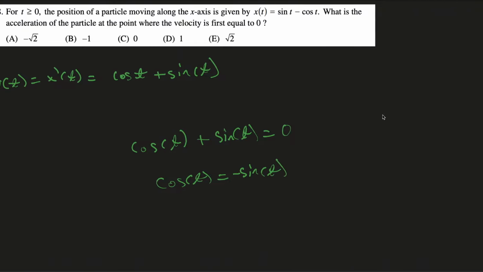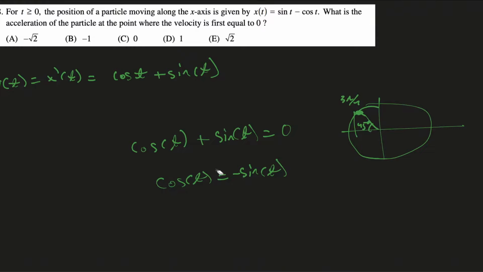If you think about the unit circle, out here at 3 pi over 4, a 45-degree angle right here, the x's and the y's are opposite in sign.